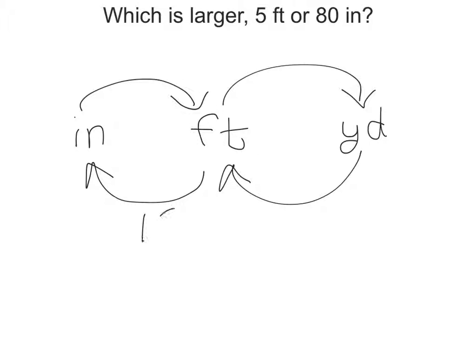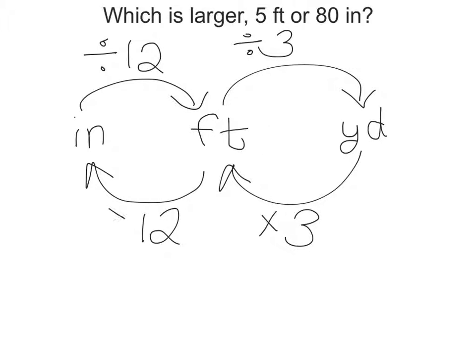Good, it's going to be 12. How about with feet and yards? What numbers go with feet and yards? 3. Good. On the top, am I going to multiply or divide? Yep, dividing is always on the top. And that means on the bottom I'm going to multiply.